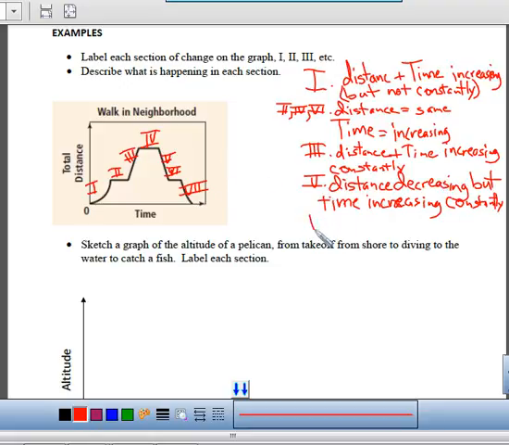And then for section 7, this time the distance is decreasing, the time is increasing, but it is not constant. Distance decreasing, but time increasing, not constantly.